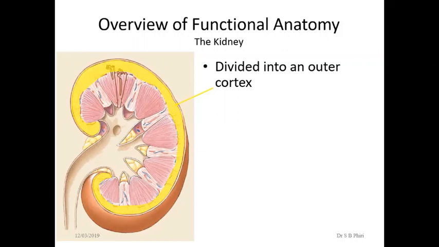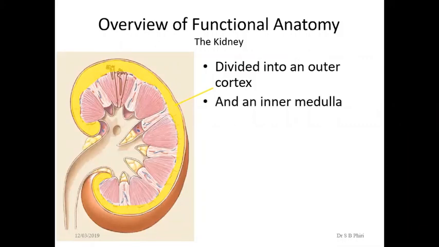You've seen the cortex? So this is the cortex, the outermost part of the kidney. Just under the capsule, the kidney capsule, you have the cortex. If you peel the capsule, what you're going to see is the cortex of the kidney.